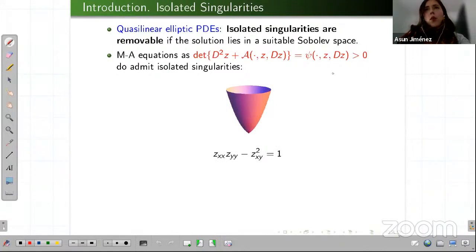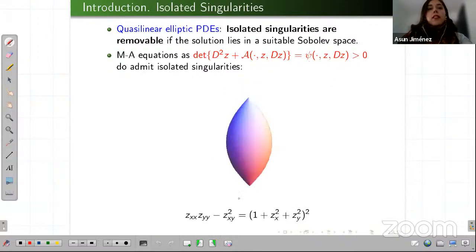For instance, consider the simplest example, when this matrix A is equal to 0 and you put this function equal to 1, so the determinant of the Hessian equals 1. You can obtain solutions with an isolated singularity. This is a rotational example.